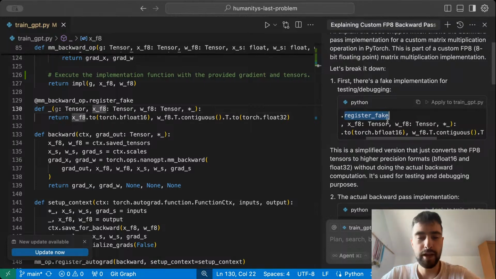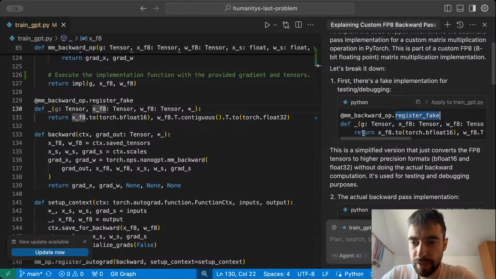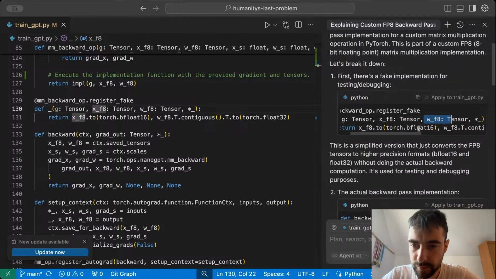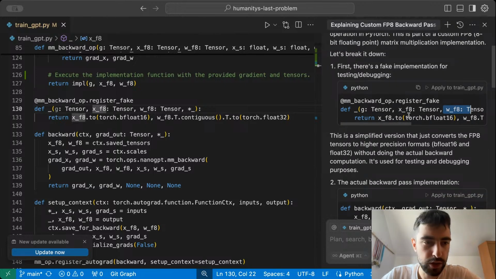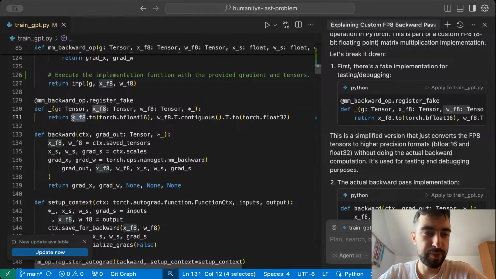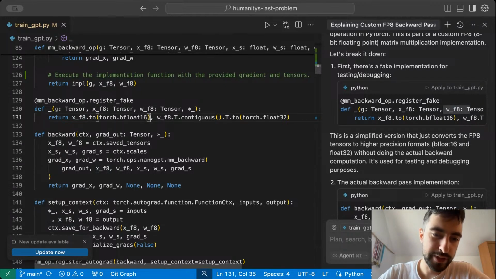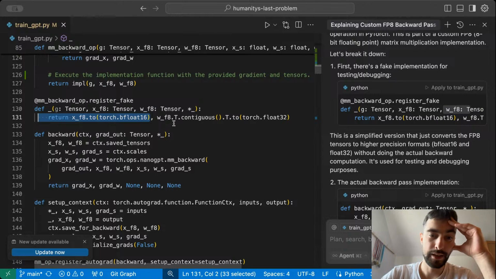X tensor W, and this is the continuation of my previous stream. So X is the activations, the numbers in the matrix, and W is weights. So those are gonna be converted. I guess those will be FP8 converted to brainfloat 16 and then returned back.